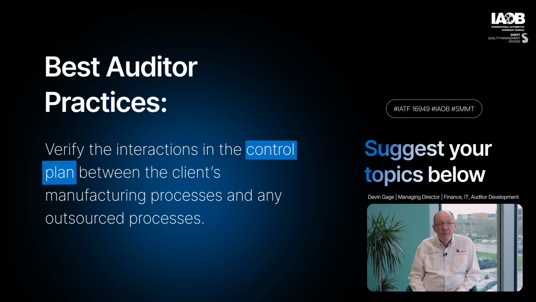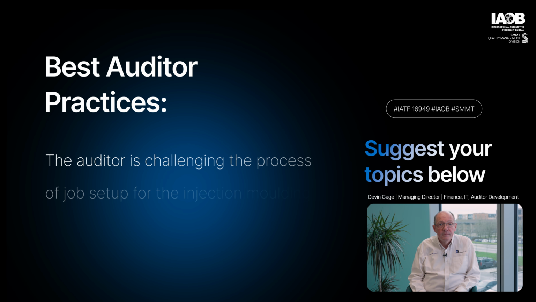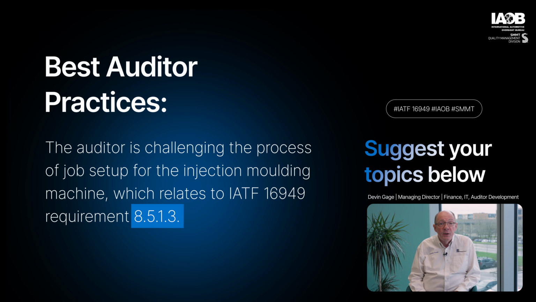In the IATF Auditor Guide, one of the skills defined is verify the interactions in the control plan between the client's manufacturing processes and any outsourced processes. The good thing is that the auditor is challenging the process of job setup for the injection moulding machine, which relates to IATF 16949 requirements 8.5.1.3.